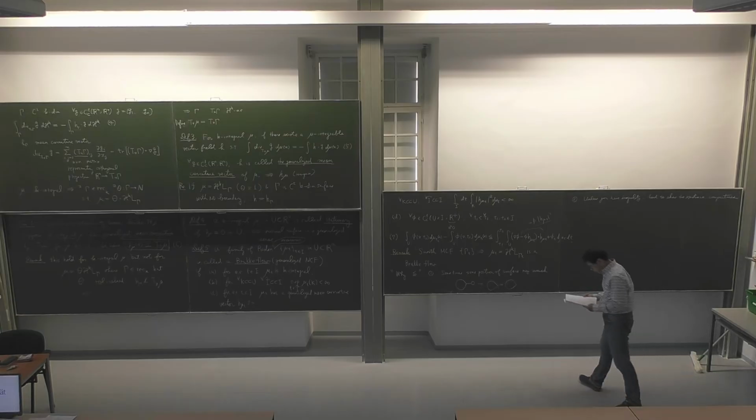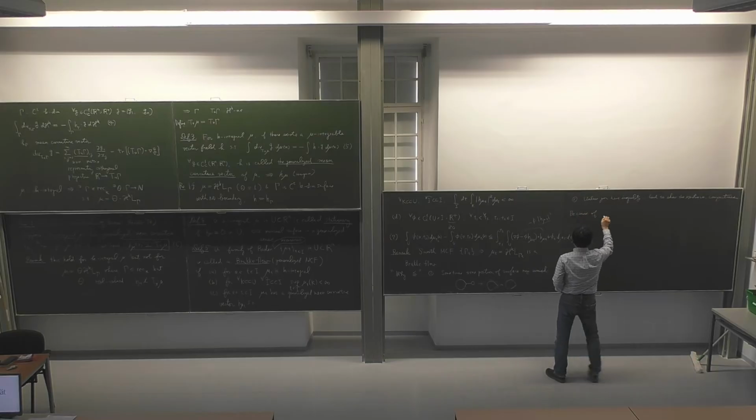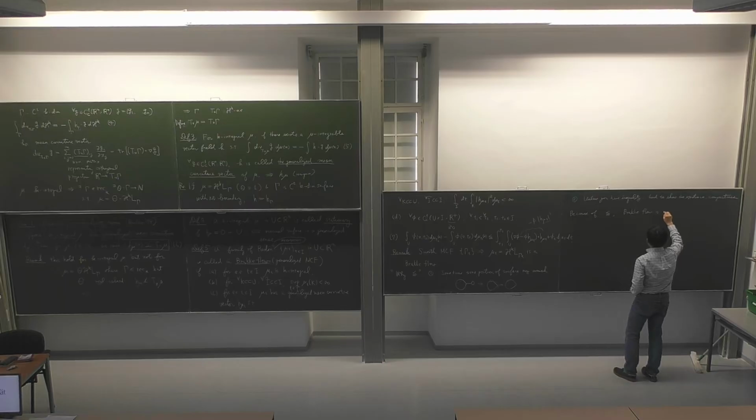Now, because of this inequality, the Brakke flow actually has some serious problem: it is non-unique by itself.